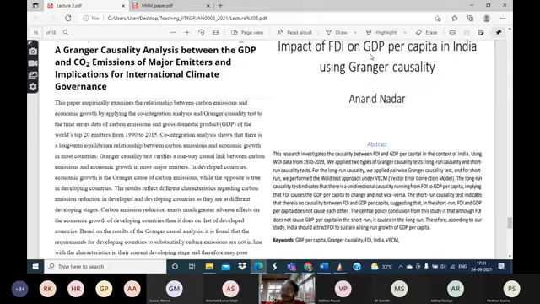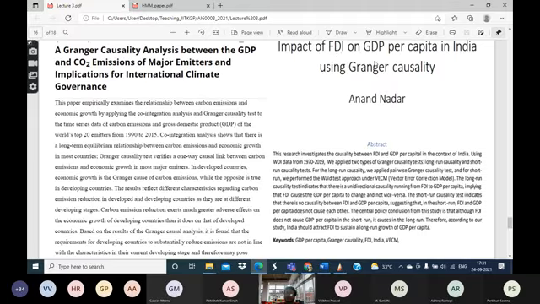Rather they may be attracted towards a country which already has large airports, large hospitals, restaurants, bars, pubs, etc. Hence high GDP may also mean high FDI.